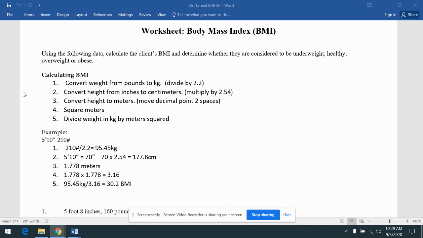And why this is important is because you need to be able to be experts in converting weight from pounds to kilograms for some calorie formulas that we will be working with throughout the semester, as well as being experts in converting height in feet to inches to centimeters and meters, because we'll use all of those formats to calculate calorie needs for individuals later in the semester.